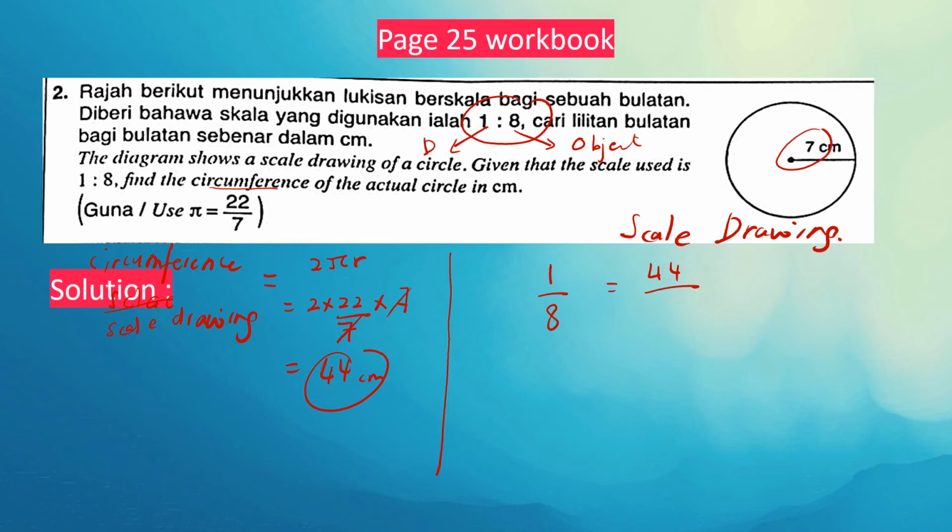We don't know it, so let's put x as the unknown. You do cross multiplication, x times 1 is x, so 44 times 8 gives 352 centimeters. That's how you solve the question.